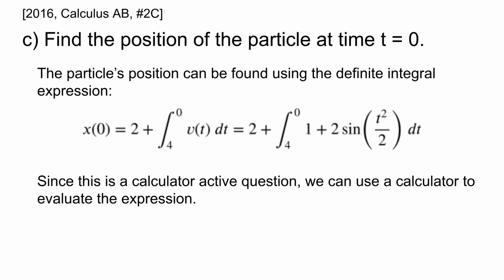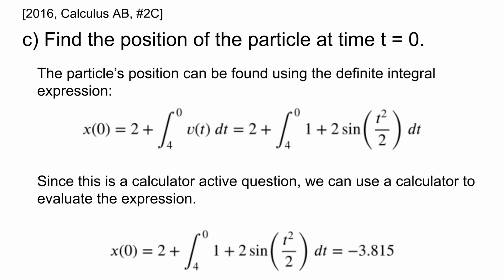And since this is a calculator active question, again, we can use our calculator to evaluate the expression. The position of the particle at t equals 0 turns out to be negative 3.815. So x of 0 is negative 3.815.